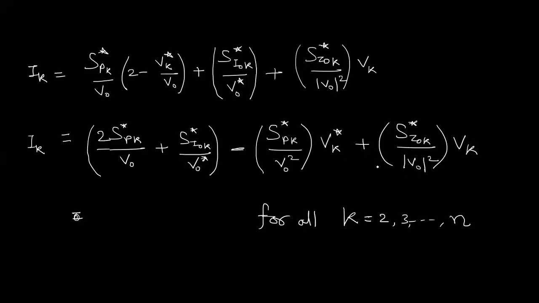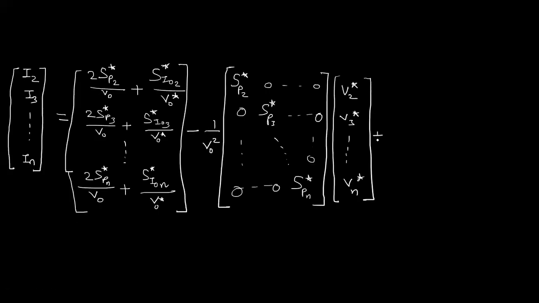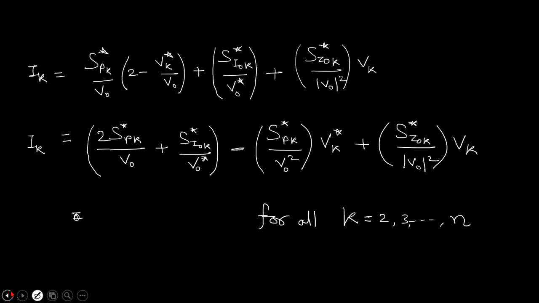Similarly, we can represent the third term in the form of a diagonal matrix because the pattern is similar. So here we can write plus 1 by V0 square, and that matrix can be represented as, sorry, SZ.